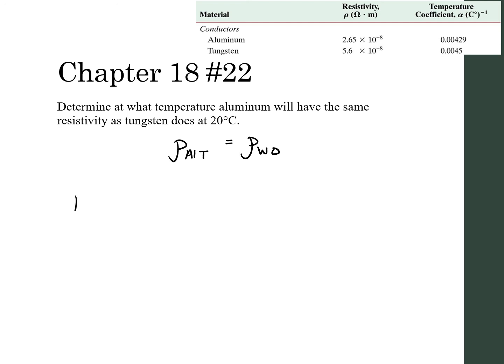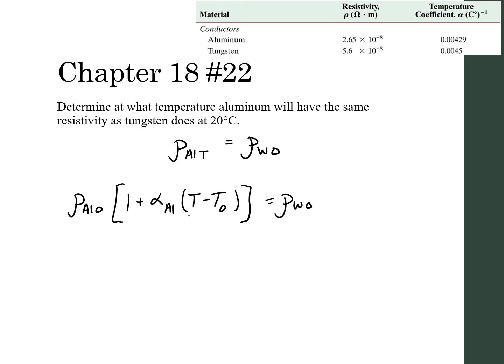I know the resistivity of aluminum at some temperature can be replaced with the resistivity of aluminum at 20 degrees Celsius times the quantity of 1 plus alpha aluminum times T minus T naught, and that's going to be equal to the resistivity of tungsten at 20 degrees Celsius.